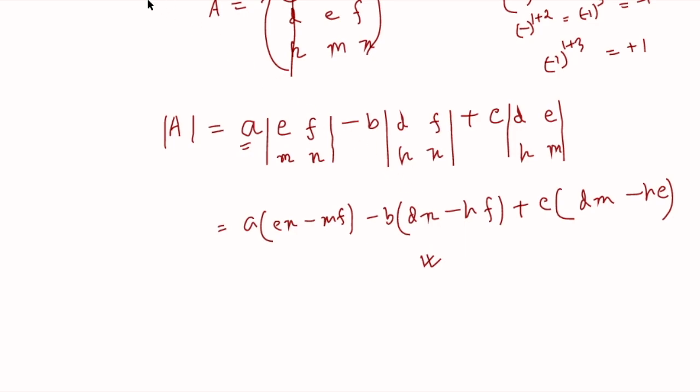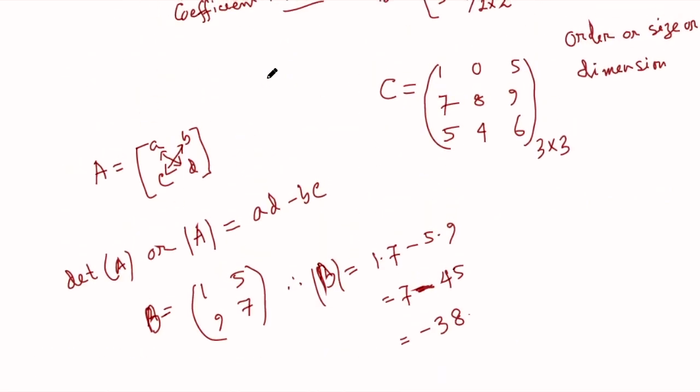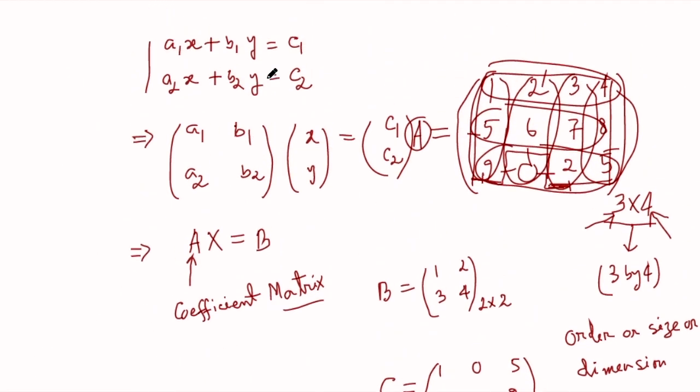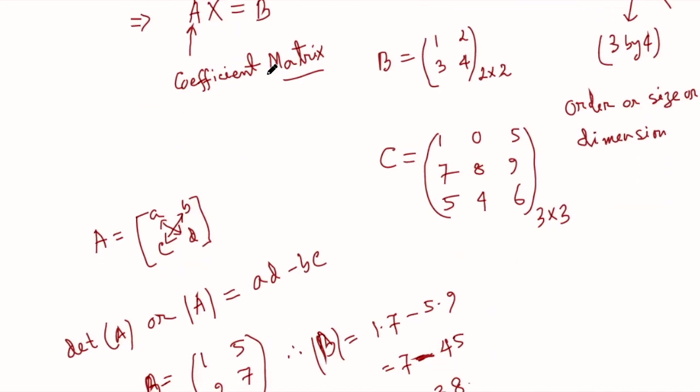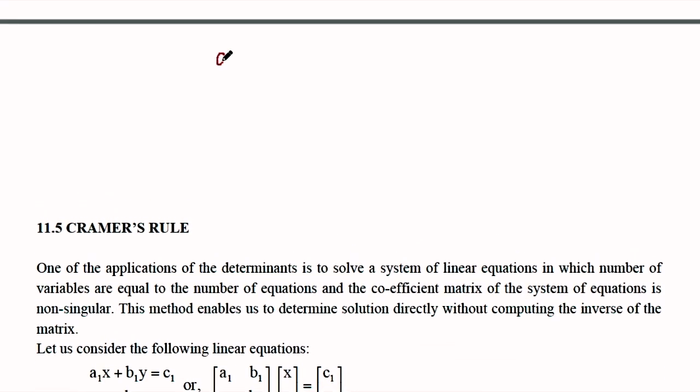Now we are able to solve a system of linear equations by Cramer's rule. So let us solve this system: a1 x plus b1 y equals c1 and a2 x plus b2 y equals c2.